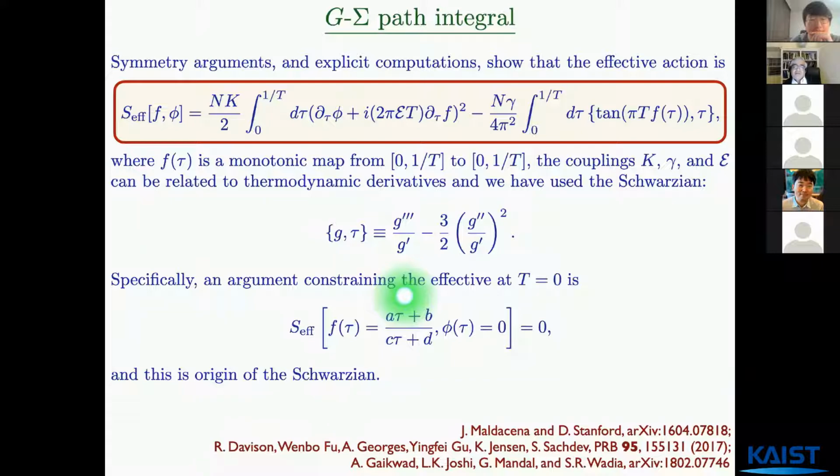SYK has many more degrees of freedom than JT gravity. But nowadays, as you know, so many people are studying JT gravity on its own. But JT gravity on its own is not really a quantum theory of anything; it's an average over quantum theories. Whereas the SYK model, for a given sample, is a perfectly well-defined quantum theory.